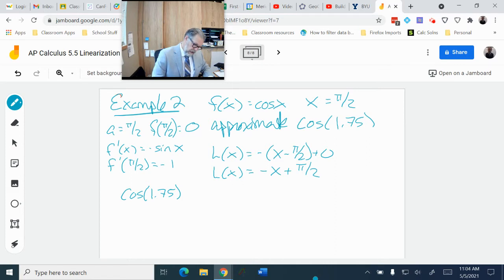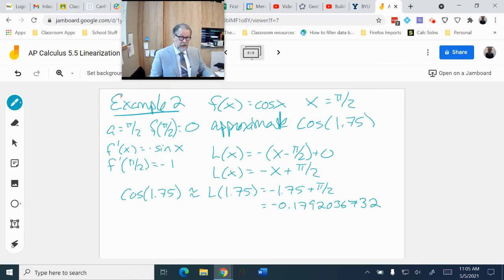So, what is the cosine of 1.75? Well, my linearization says negative 1.75 plus pi over 2. And if I type that into my calculator, I get negative 0.179203673.